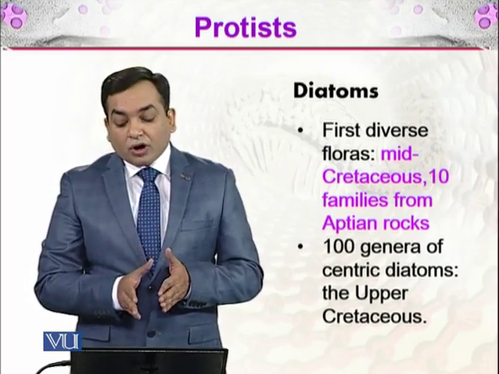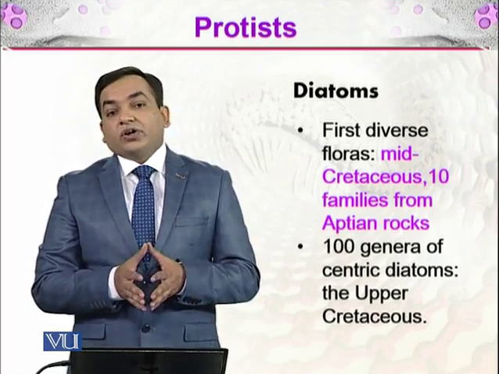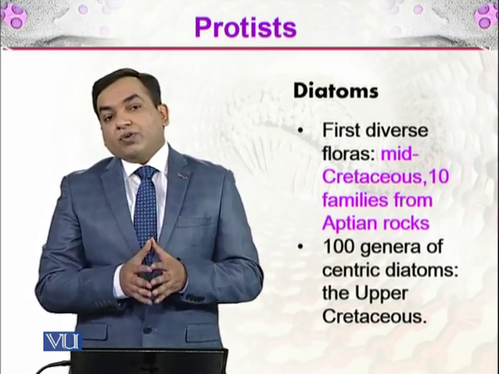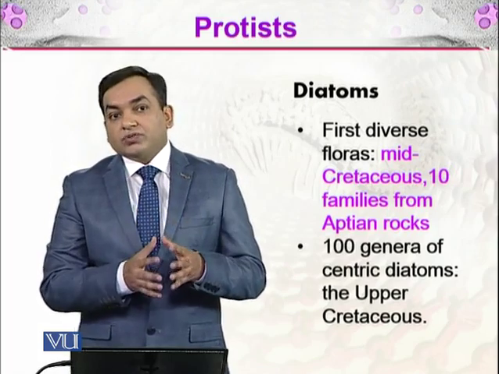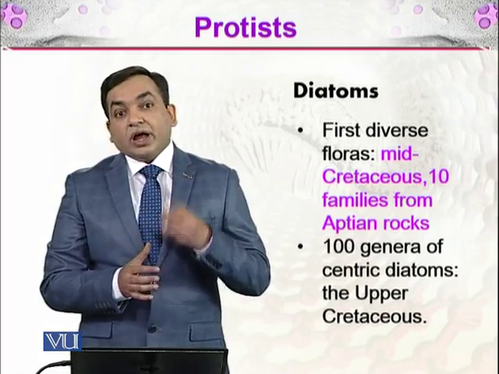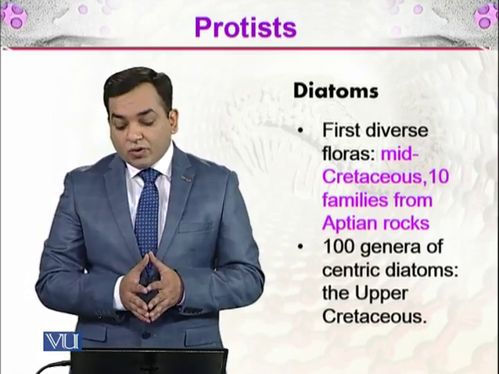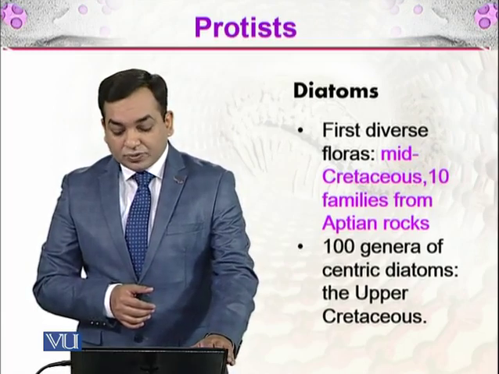And there are 100 genera of centric diatoms in the upper Cretaceous. So we can identify some of the rocks present in the upper Cretaceous era, and in there we could identify the 100 genera of centric diatoms.